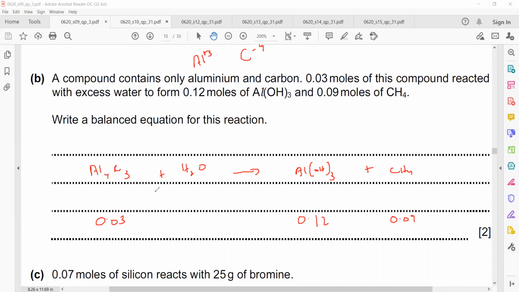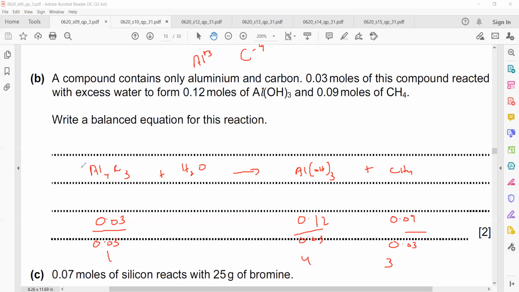Because in the equation, the compounds are always in the simplest ratio. So how to take the simplest ratio of these? I will divide them by the smallest value, which is 0.03. So this will be 1, this will be 4, this will be 3.